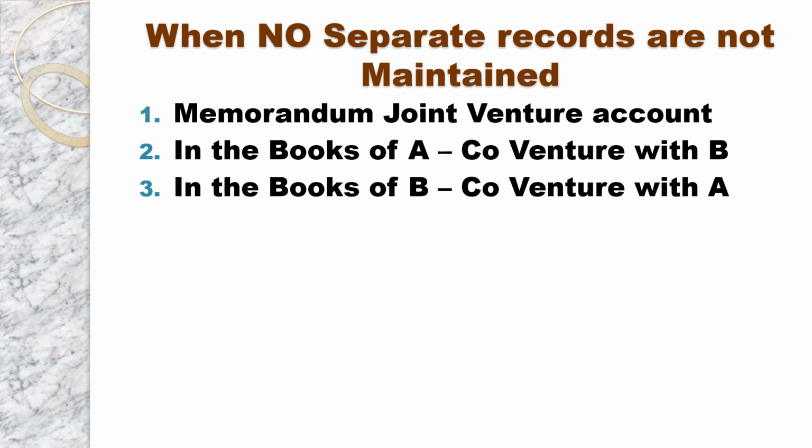Unlike in the previous method, where there is a separate joint venture account, a separate co-venture account, and a separate bank account, so for each classification of transaction, we have a separate account.